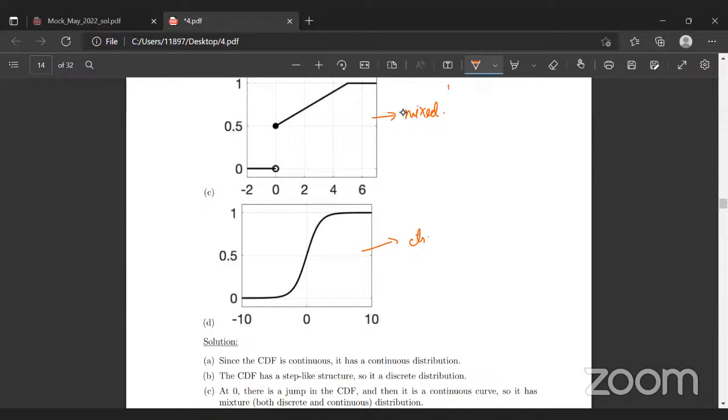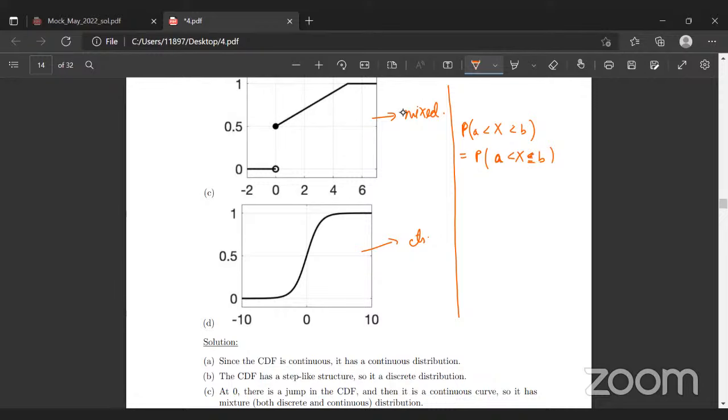We had seen the properties of CDF, but in case of a continuous random variable, if you have to find the probability that X lies between a and b, this is the same as the probability that X lies between a exclusive and b inclusive.